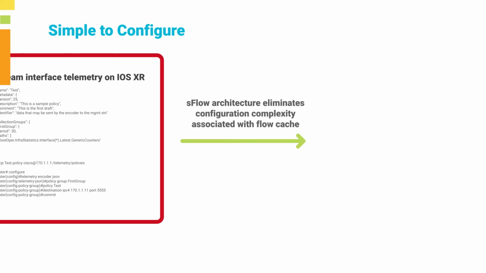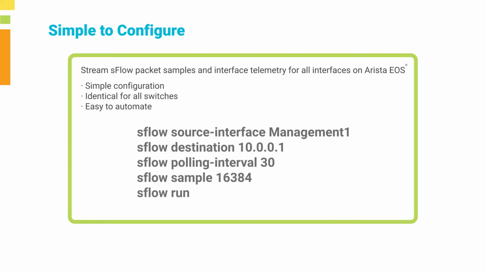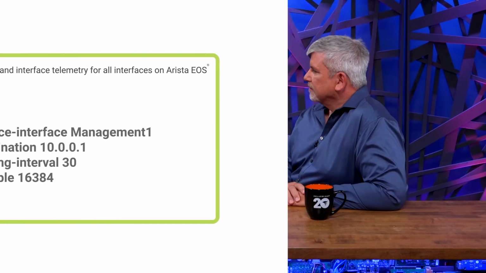But in fact, by removing the flow cache from the device, if you look at your NetFlow configuration or Flexible NetFlow, most of the configuration stanzas are to do with configuring the flow cache. So all that goes away, and you end up with a very simple configuration in which you just say how often you want counters and what your sampling rate is and where to send the data. And that configuration is the same for every device in your network. So it's very easy to automate and very simple to configure.